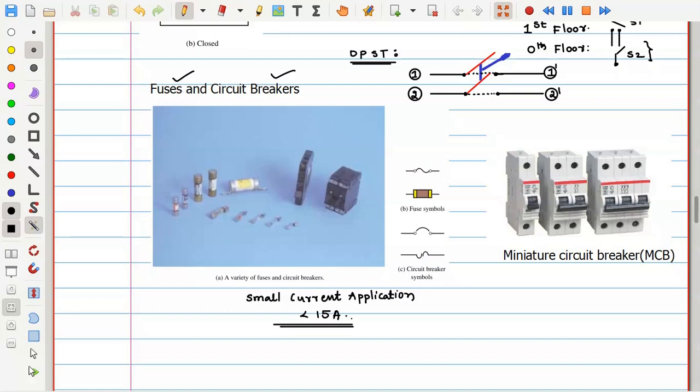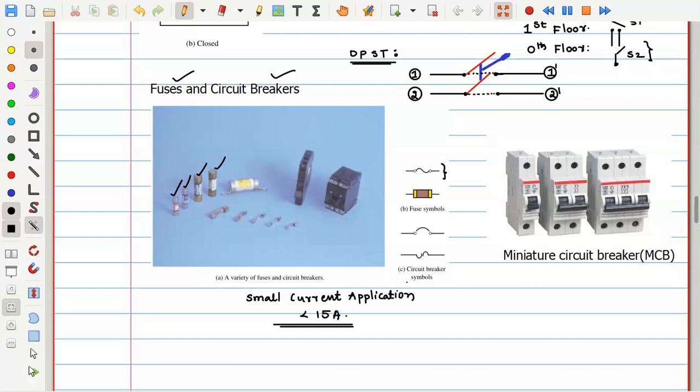And there are different types of fuses. You can see in your extension box, if somebody is using an extension box or anything else, wherever it is written as fuse, you can open and check it. Different kinds of fuses like this are available. The fuse symbolic representation is like this. There are two kinds of fuse symbols available.